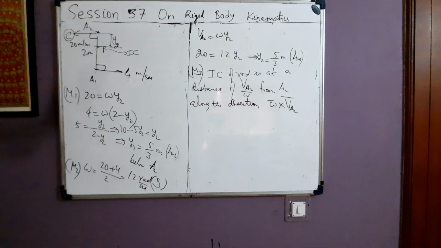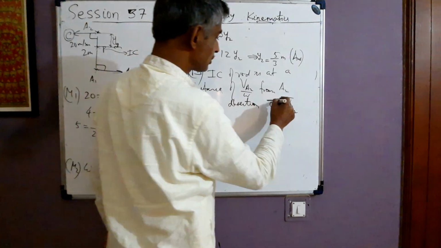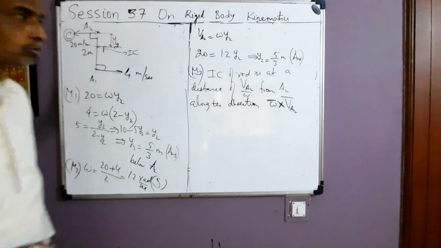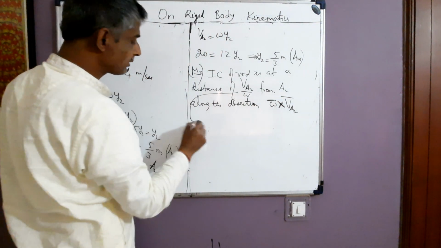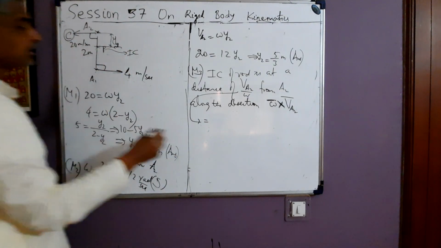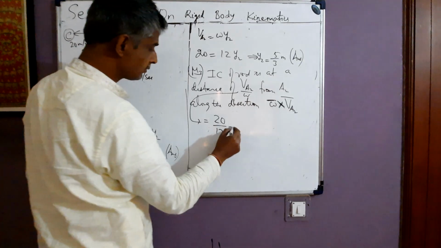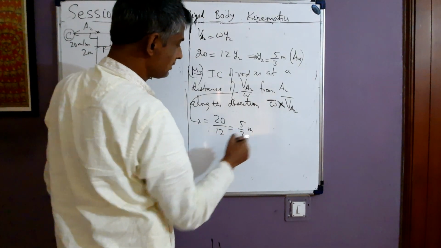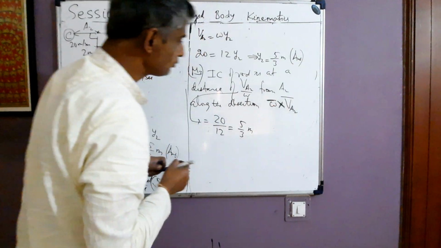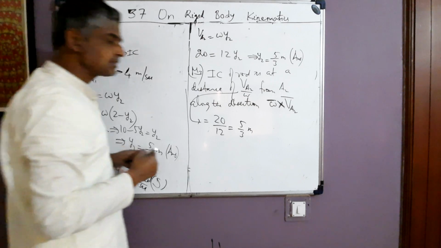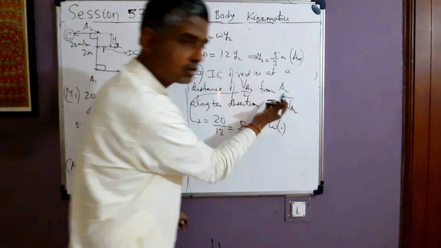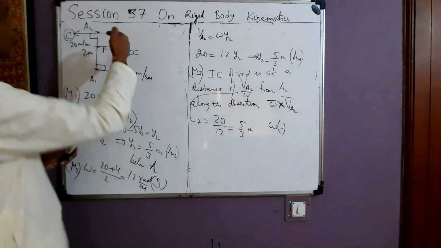VA2 is 20 and omega is 12, so 20 by 12 is simply 5 by 3 meter. In which direction? Omega cross VA2. Omega is anti-clockwise, so its direction is normally out of the plane of the board, and VA2 is leftward.